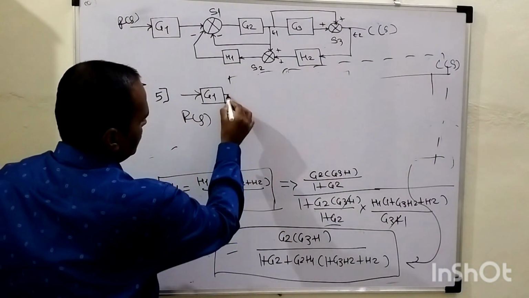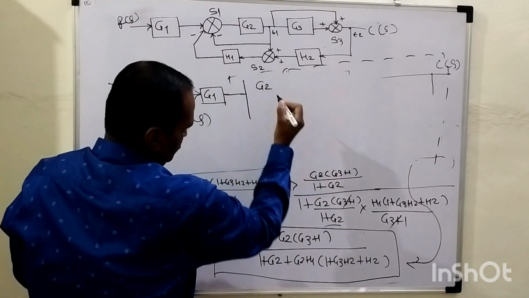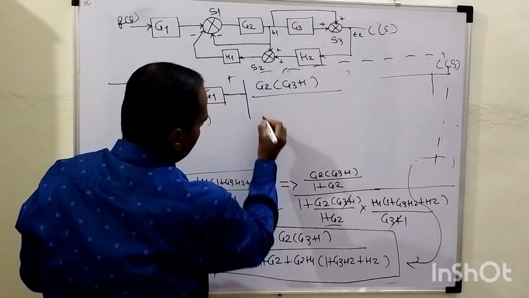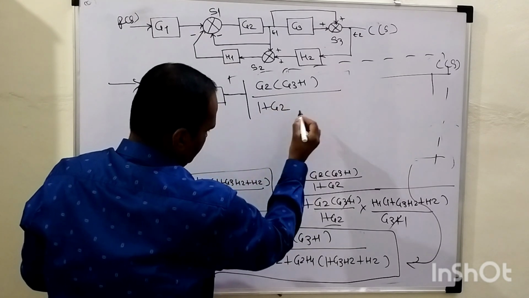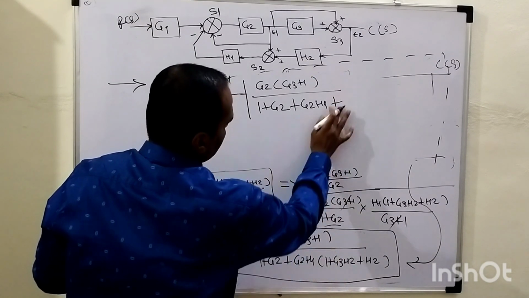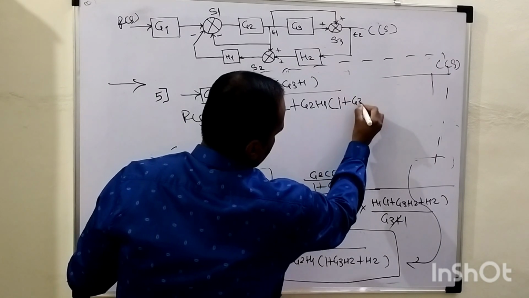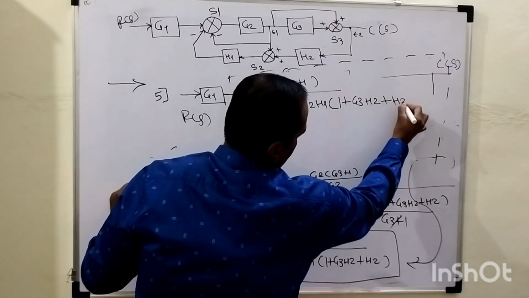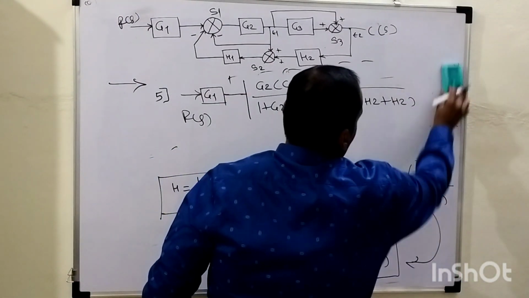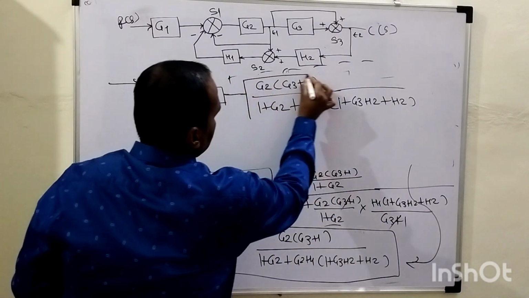So G1 into all these things written within this rectangular box, G2 times G3 plus 1, and its denominator will be 1 plus G2 plus G2 into H1 into this whole parenthesis 1 plus G3 times H2 plus H2. So this is how your system will look in that last step, which consists of only 2 blocks.